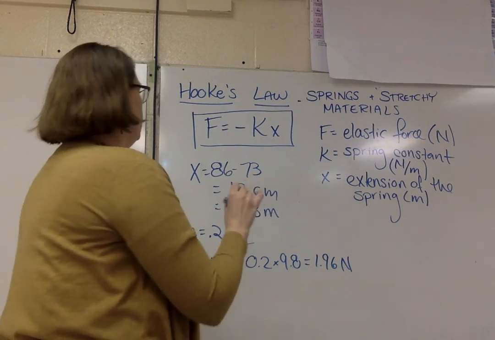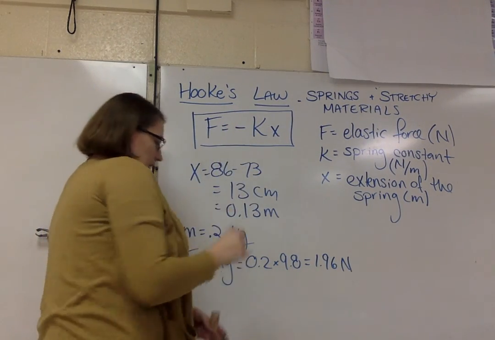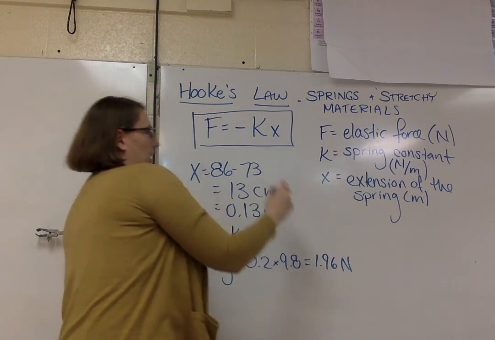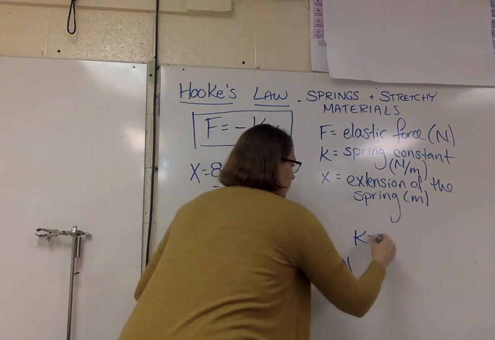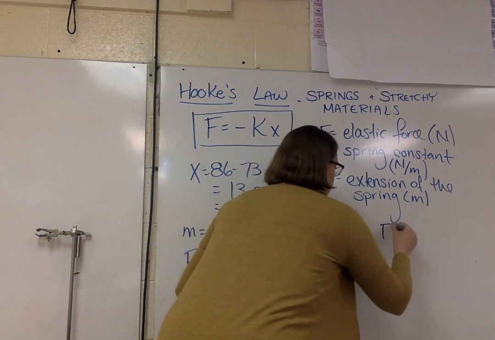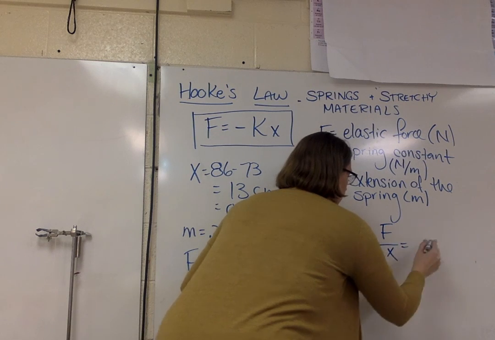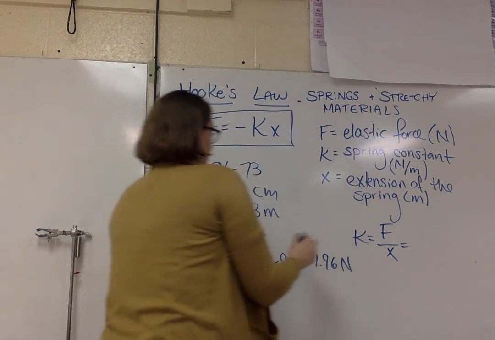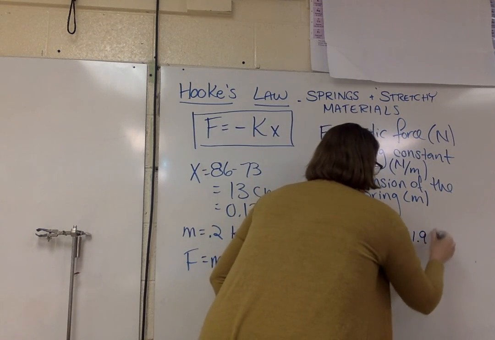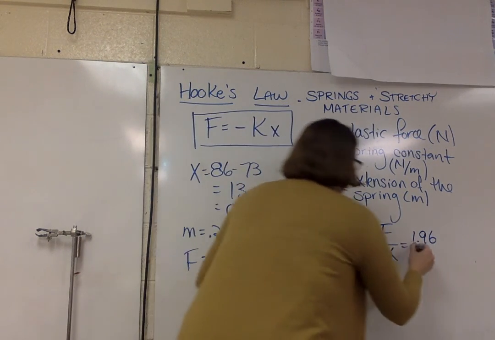So hopefully I have room. So if I want to get k by itself, I need to take and divide both sides by x. So k will equal the force divided by x. And so the force is 1.96. X was 0.13.